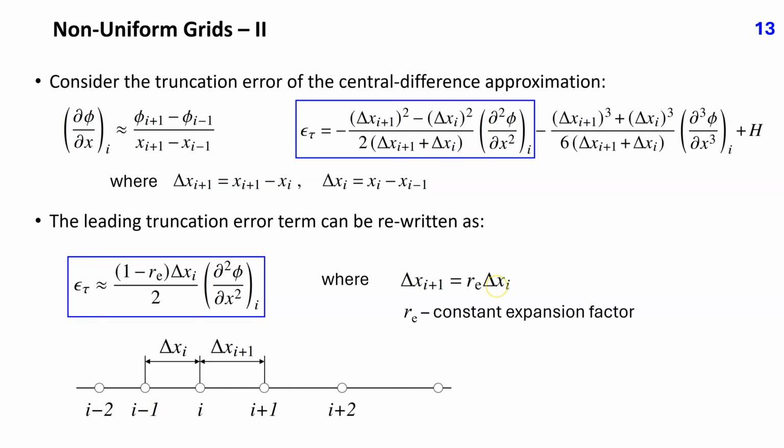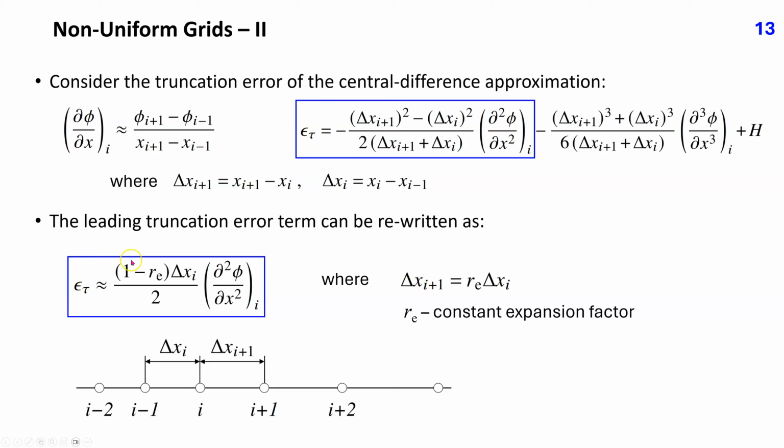The same conclusion results if grid spacing is reducing with a constant factor. For the sake of compactness, the following shorthand notation is used. Delta xi plus 1 is xi plus 1 minus xi, delta xi is xi minus xi minus 1. The grid spacing to the right of node i equals grid spacing to the left of node i times the expansion factor re. When this notation is introduced in the above expression, the leading truncation error term becomes this expression, shown here.